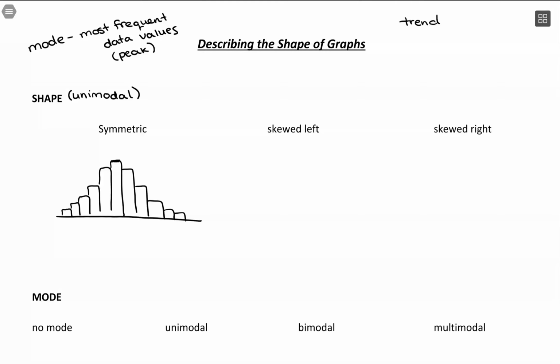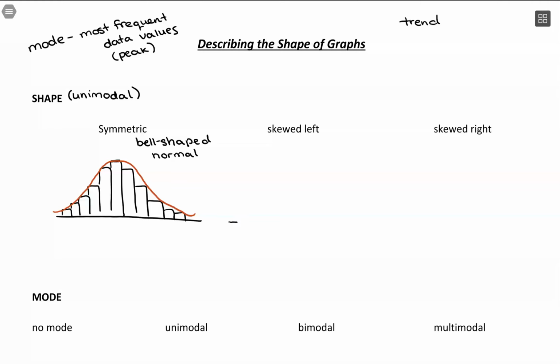Some other words you'll see for this general trend of going up to a single peak and then decreasing out: instead of symmetric, you might see bell-shaped sometimes. And another way that we'll refer to this curve later in the term is a normal curve. All of those represent the same idea here.